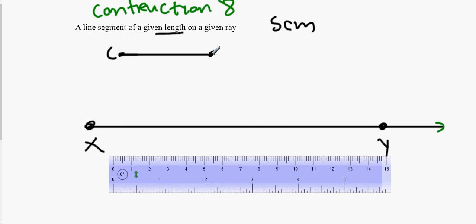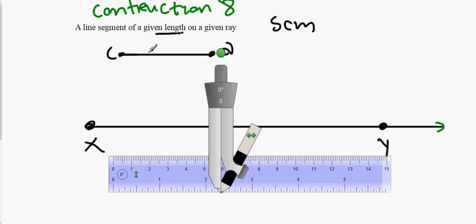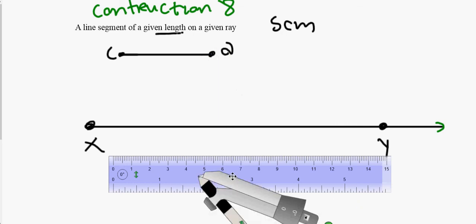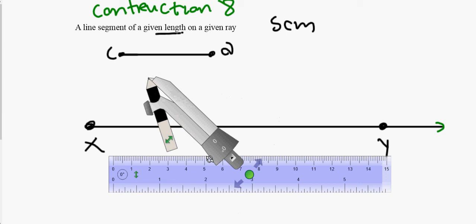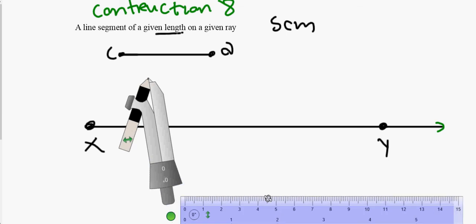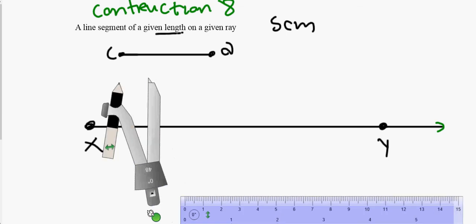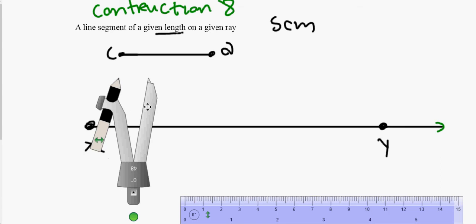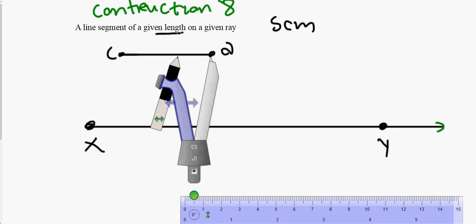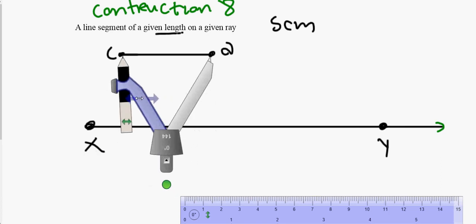And to draw this onto the ray we have below, we're going to get our compass. We're going to adjust it so it's the same compass width as the line we just had a second ago. So we're going to make sure the compass reaches from C to D, the same width as the line segment of 5 centimeters.